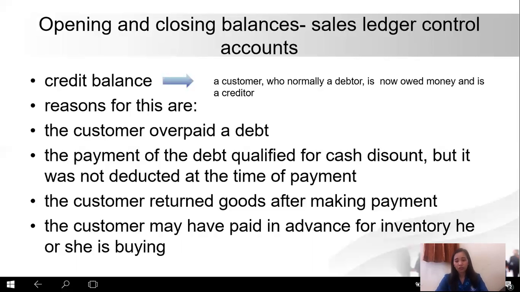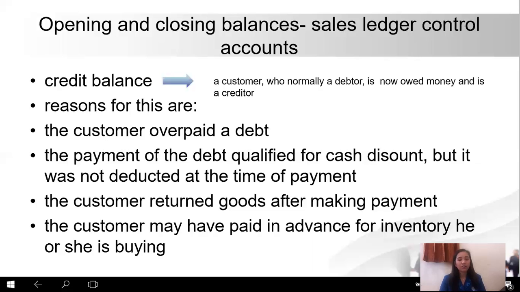The first one, it might be the customer overpaid a debt. The customer has a debt, but he paid more. So when he paid more, then he becomes a creditor. That means the business now owes the money. The next one is the payment of debt qualifies for cash discount, but it was not deducted at the time of payment.